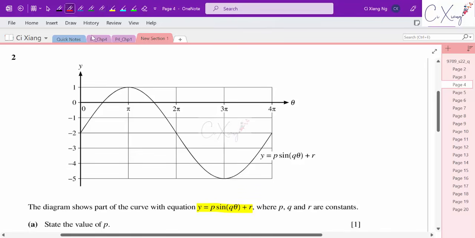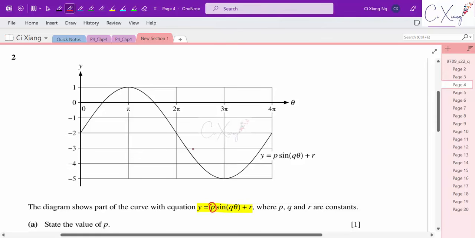To find the value for p, it is a multiplication of a number outside the sine function or sine graph. Therefore, it will affect the height from the center line of the graph to the maximum, and also from the center line of the graph to the minimum point. To decide the value for p, I need to figure out where the center horizontal line for this graph is.